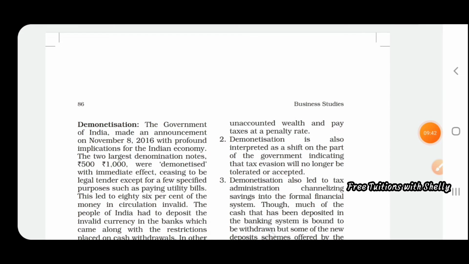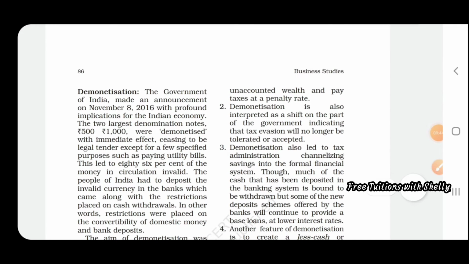Along with liberalization, privatization and globalization, demonetization was also a part of economic reform. The government of India made an announcement on November 8, 2016 with profound implications for the Indian economy. The 2 largest denominated notes, rupees 500 and rupees 1000, we have heard this news, right? They were demonetized with immediate effect. These notes were thrown out of our economy. This is known as demonetization.